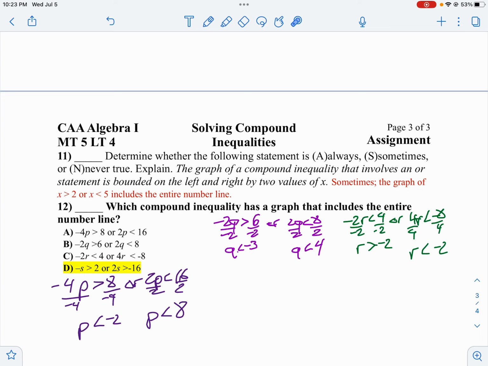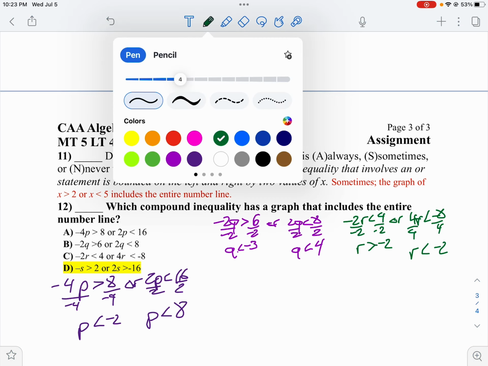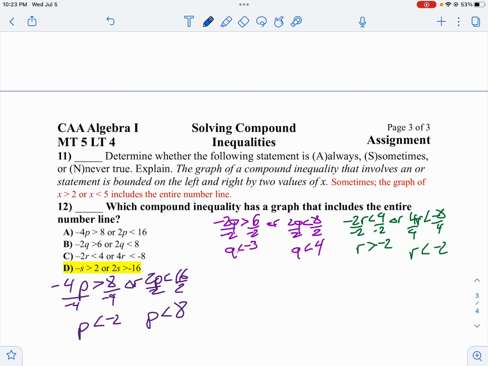So finally, let's do letter D. Notice on letter D, we've got negative s, so I'll just divide by negative 1 to start with. So I'll have s is less than negative 2. Or we have 2s is greater than negative 16.